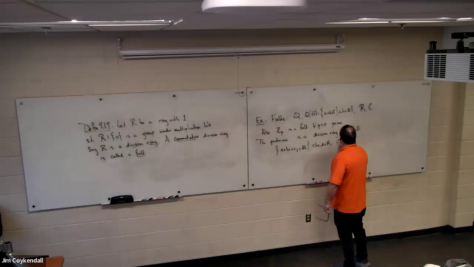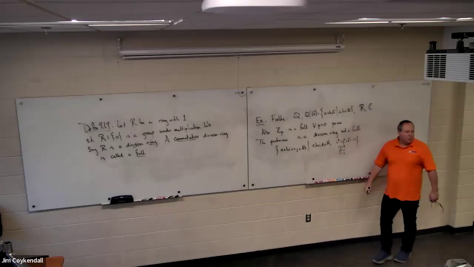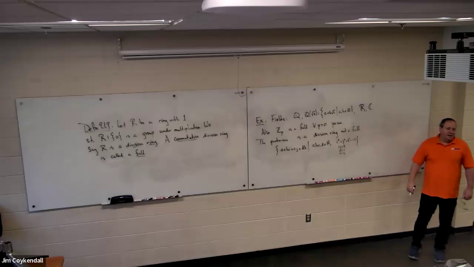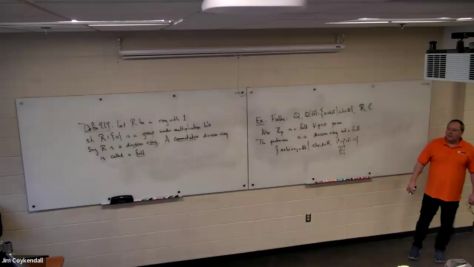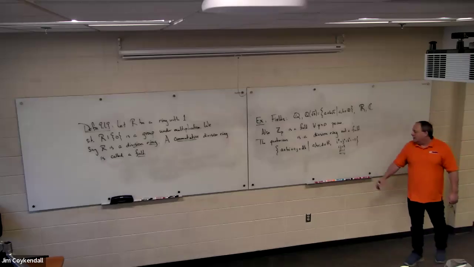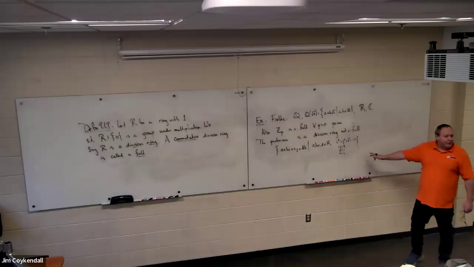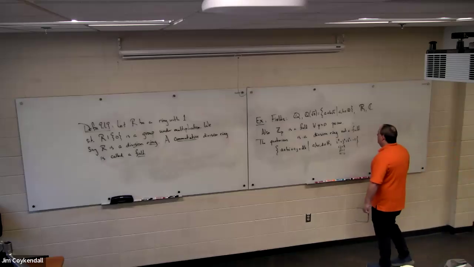So you have i squared equals j squared equals k squared equals -1, ij equals k, jk equals i, ki equals j. If you enforce these rules, you actually get a division ring, and it's not even clear this is associative. Go try to prove it's associative and then burn me in effigy for having asked you to do that, because it's a mess, but it is true. This is an example of a division ring that's not a field.